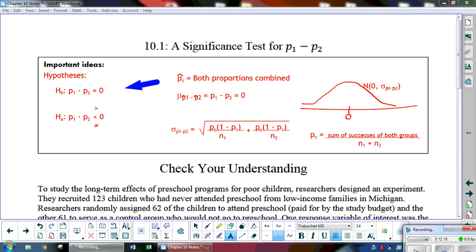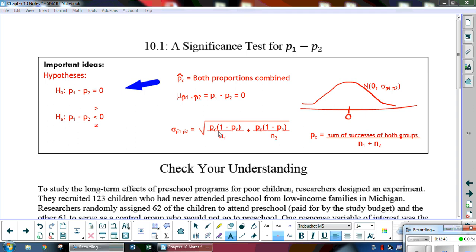So anyway, the proportion combined is the sum of the successes in both groups divided by the two group sizes, N1 and N2. Remember, basically, you're combining into one giant survey. That's what we're going to use for P sub C. So that's the basics. The only difference right here is this combined proportions part.